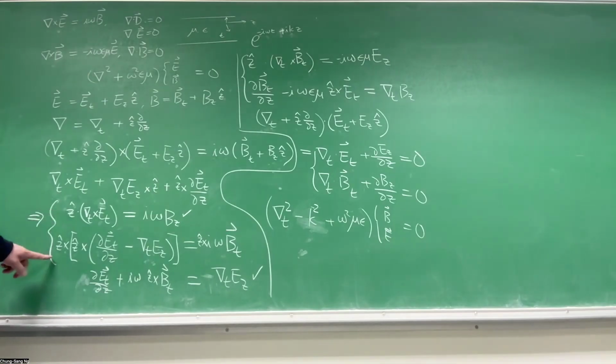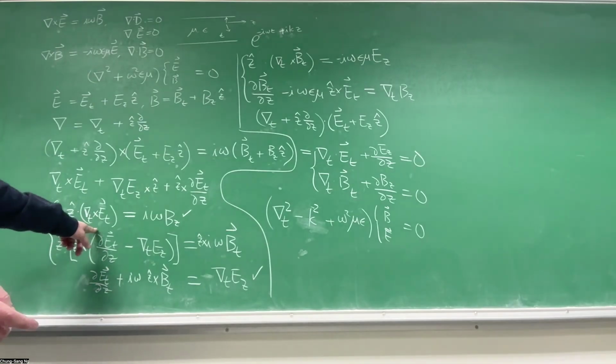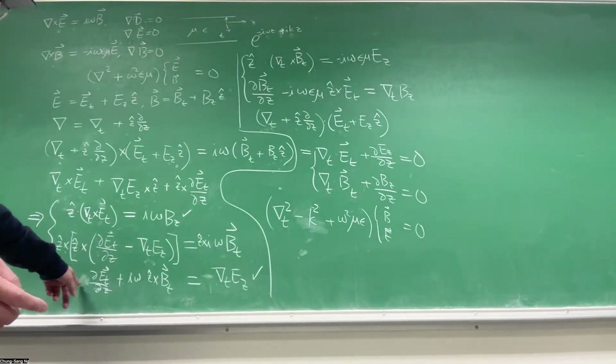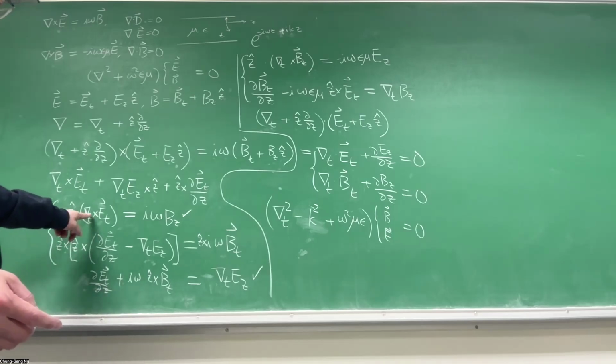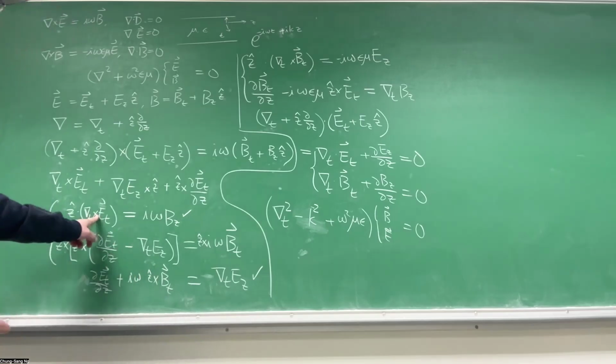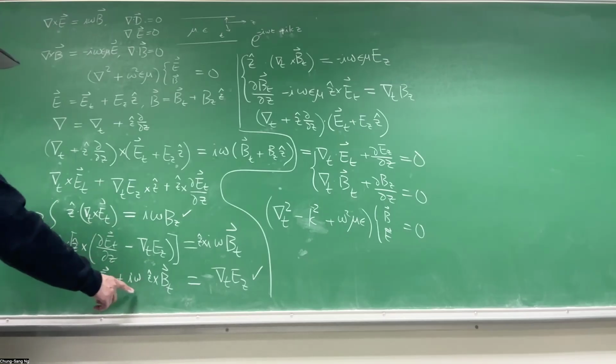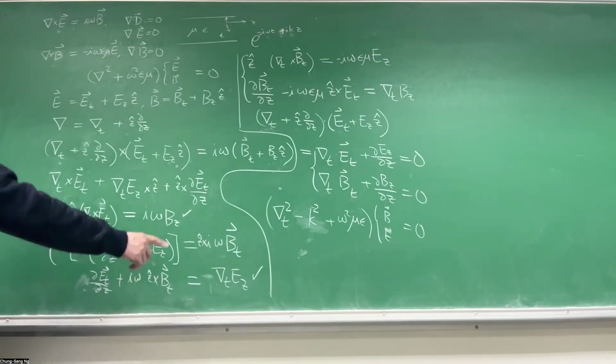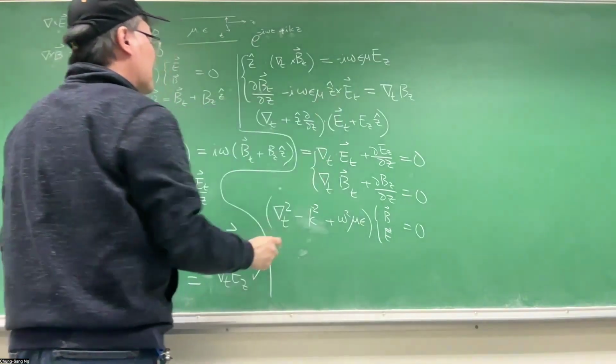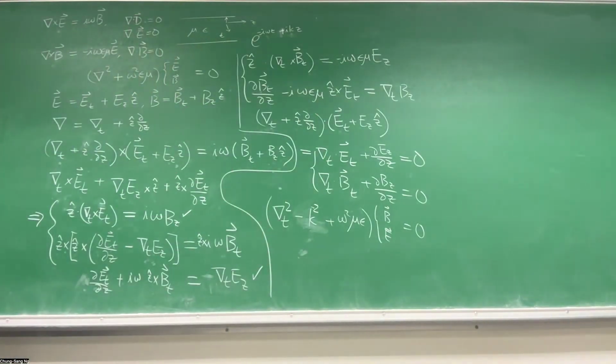But right now, this is not exactly the case, because this still involves derivatives, and you have E sub t here and B sub t here. They are all mixed up now. A single equation involves both E sub t and B sub t. What we want is to transform this set into a single equation for E sub t.